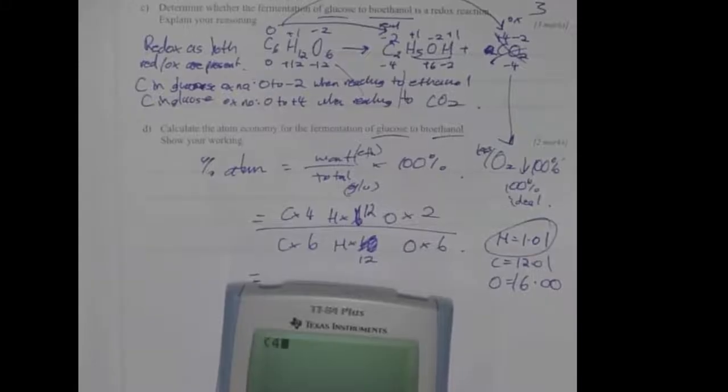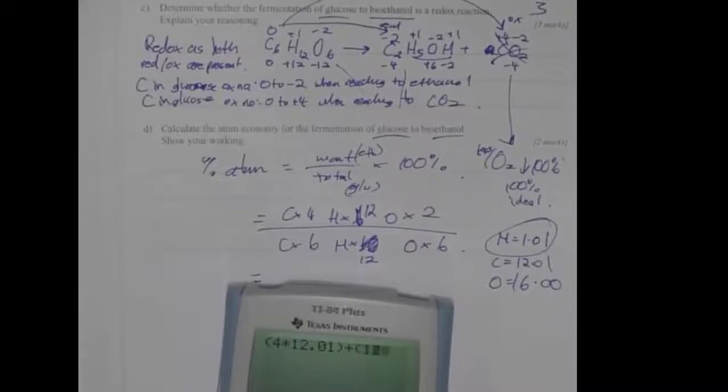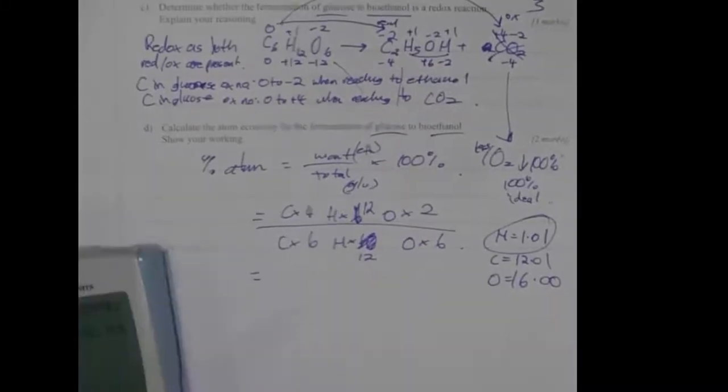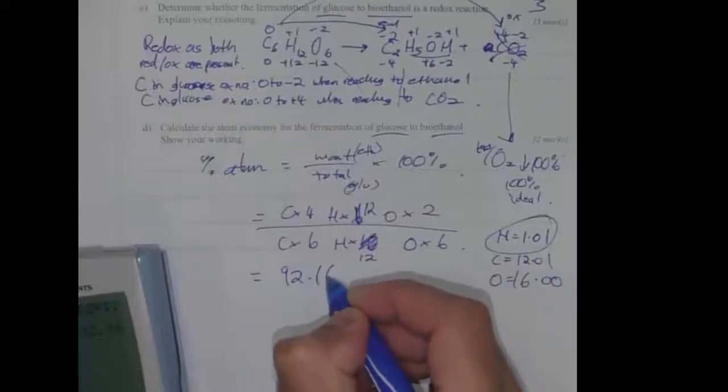And this is not going to be fun. 4 times 12.01 plus 12 times 1.01 plus, what's that? 2 times 16, 92.16. Chances of making a mistake here are really, really high.